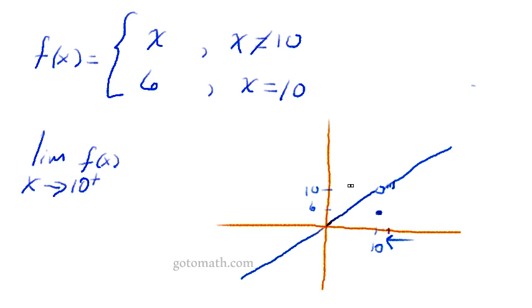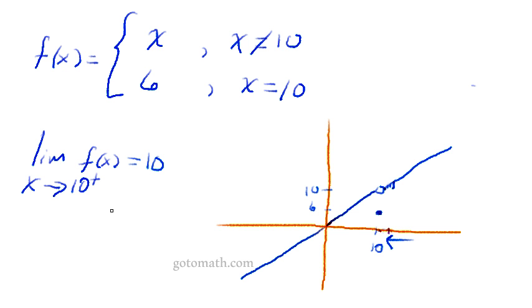How's that? This hole. Alright, so we come in and we are approaching, as we get closer and closer to 10 from the right hand side, our y value is approaching that hole, which is actually at 10. Alright, I hope that makes sense. Hopefully. Okay.